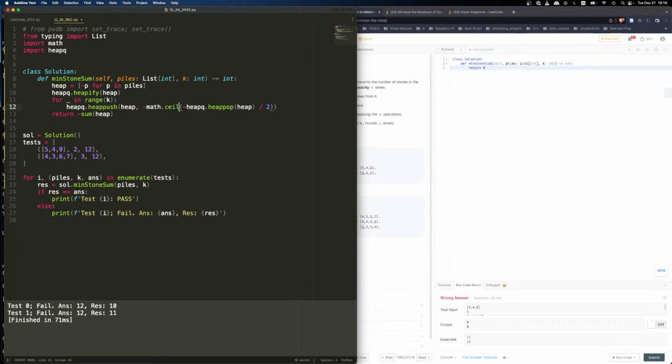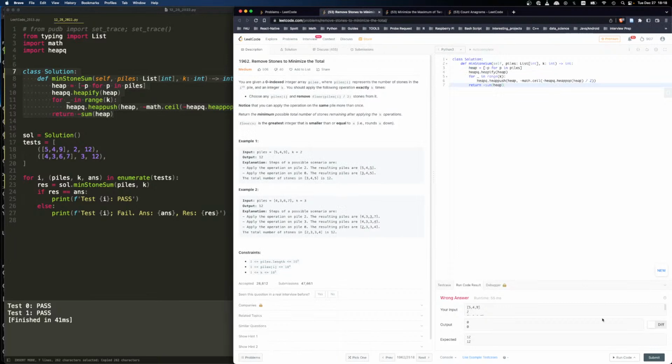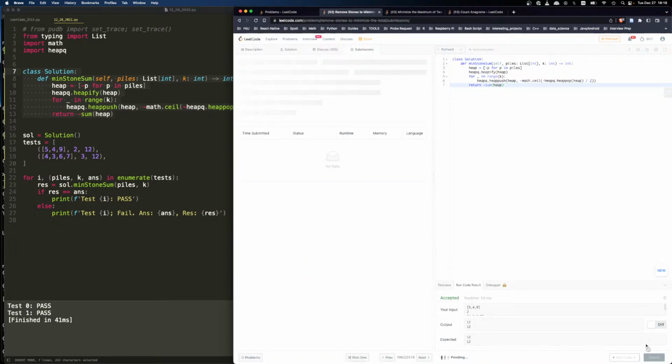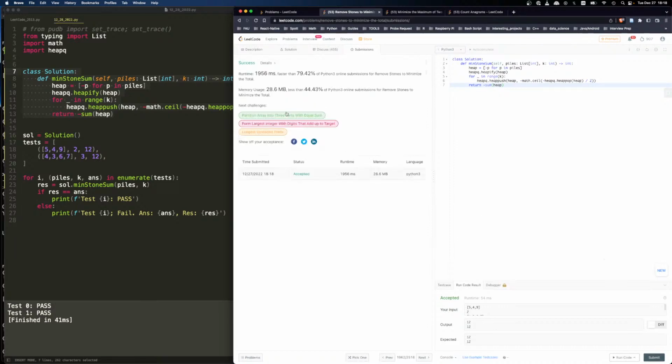Ceiling. You see that? That's now floor. I don't think that is right. Oh, that is not right.